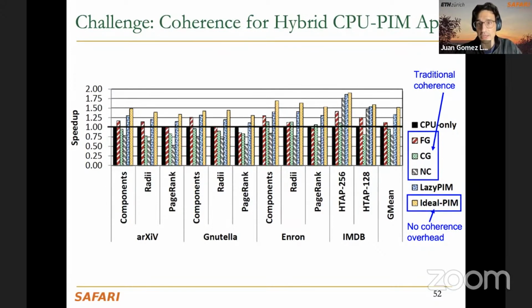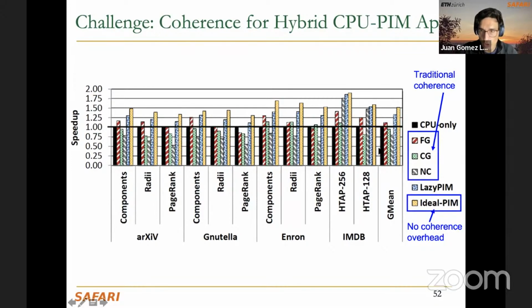And actually, we did some study on this, and here in this slide, for example, you can compare the performance of a CPU-PIM system implementing traditional approaches to memory coherence, like fine-grained memory coherence, for example the MESI protocol, coarse-grained memory coherence, or no coherence at all.